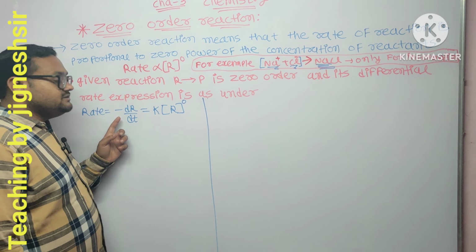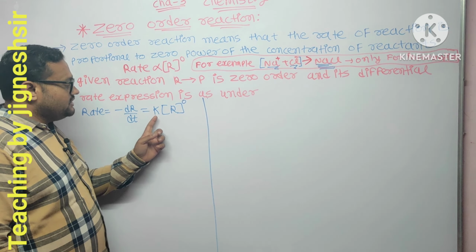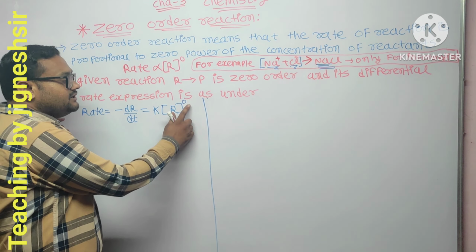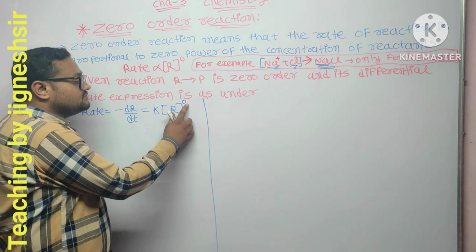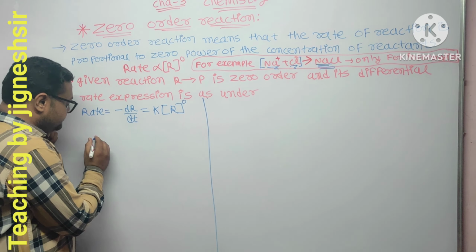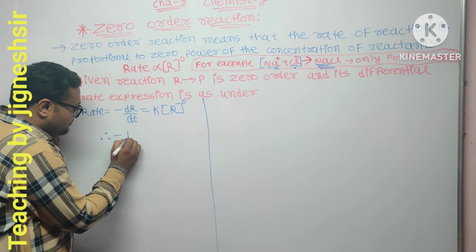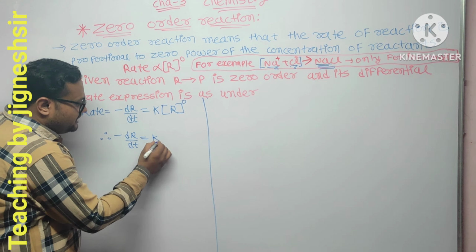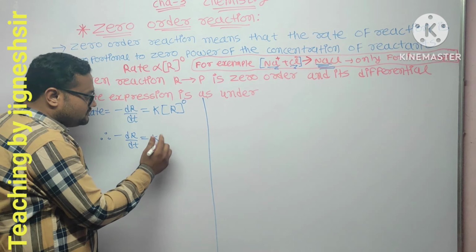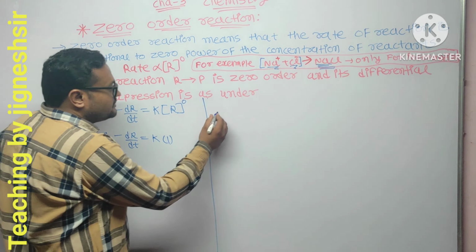For zero order we have to put n = 0; for first order you can put 1 in place of 0. Therefore we get minus dR upon dt is equal to K and R raised to 0, which means 1.